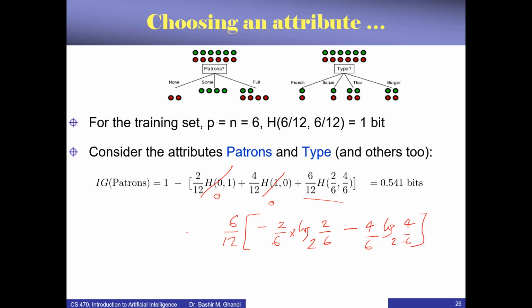If you calculate, this will actually give you this value that you are seeing here, 0.541. So this is how to compute the information gain.